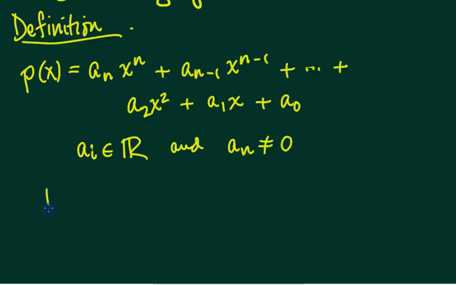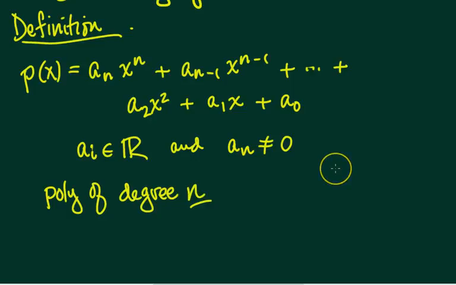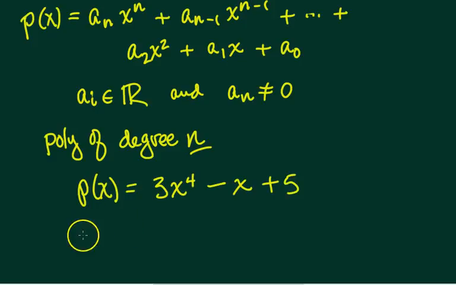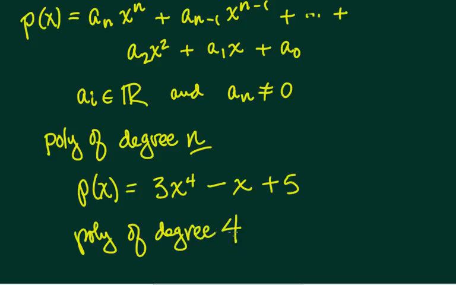So this is called a polynomial of degree n. Okay, so n is the value of the largest exponent that we have in our polynomial. So if our polynomial is p of x is equal to 3x to the 4th minus x plus 5, this is a polynomial of degree 4. Okay, that's going to be important.